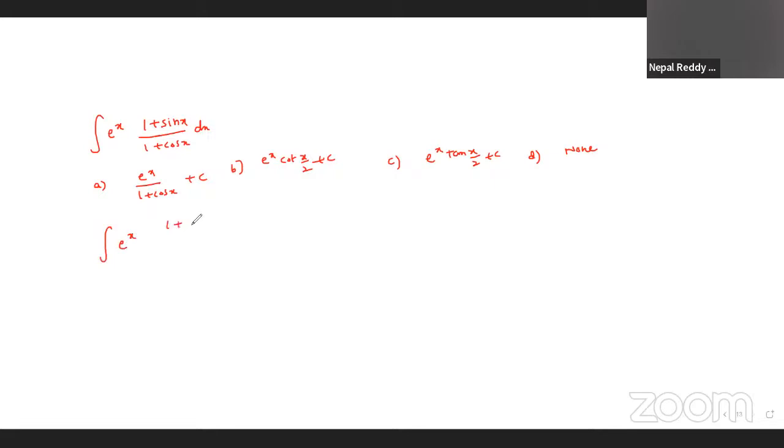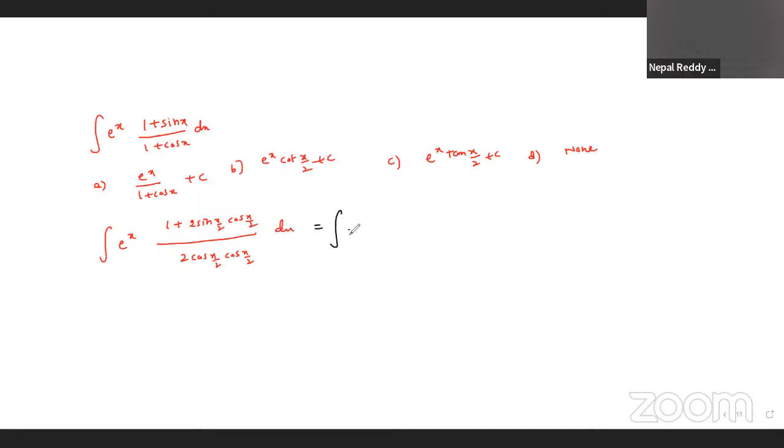First, 1 plus sin x is written as 2 sin x by 2 cos x by 2, divided by 1 plus cos theta, which is nothing but 2 cos square theta by 2. So here I am going to write 2 cos x by 2 cos x by 2 into dx.